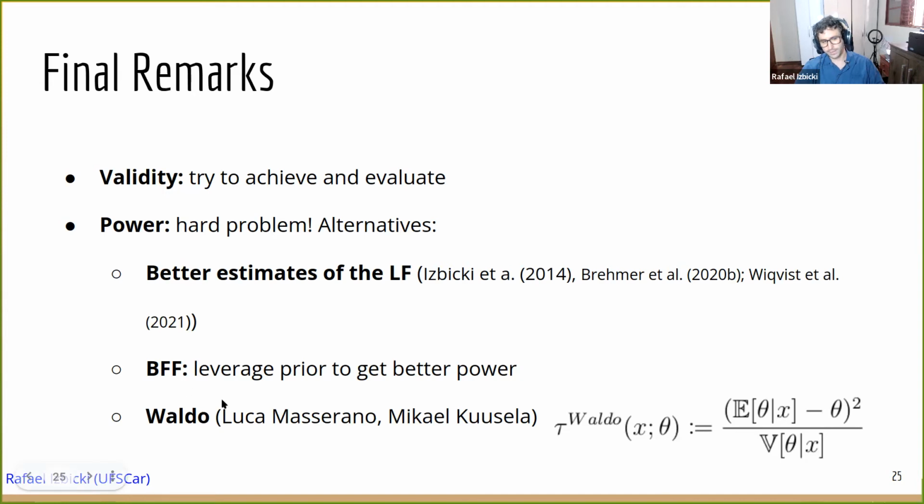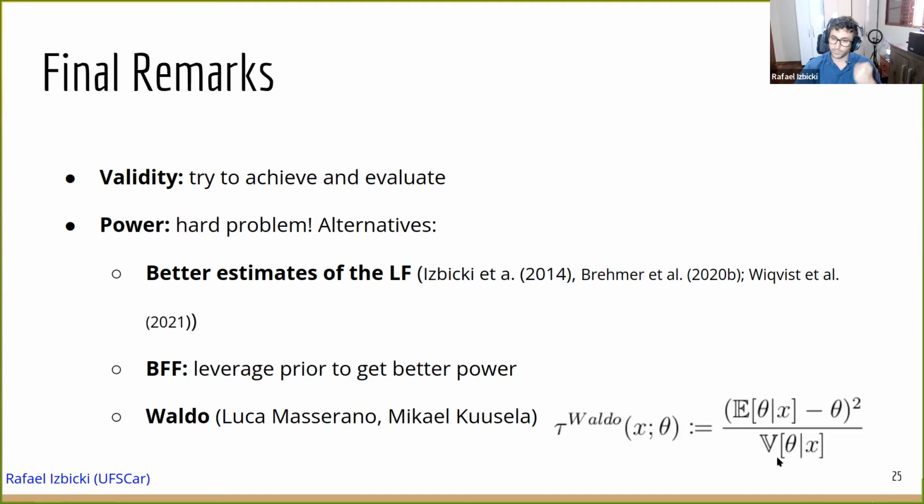And third, that's another option we've been working on with Luca and Michael. That's a different test statistic. It's based on the Wald test statistic, but it's a Bayesian version. Instead of using the maximum likelihood estimator as the Wald test statistic would, we are using the posterior mean and the posterior variance in the denominator.